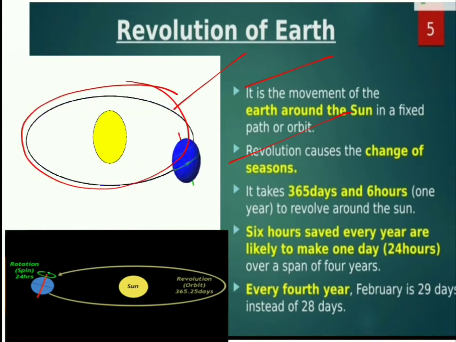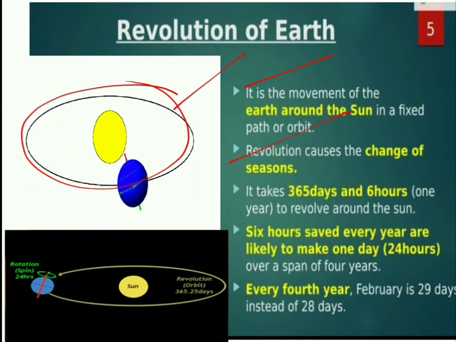These seasons change after every 4 months, so every season completes in 4 months. Because the earth changes its position, we will get another season.